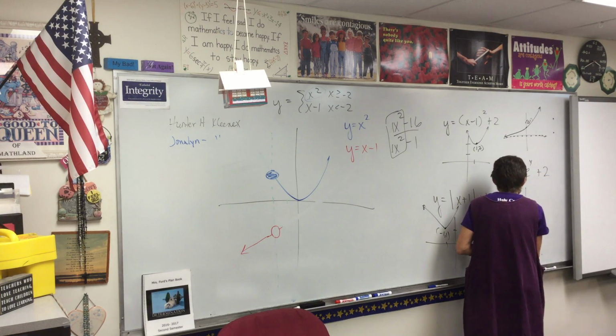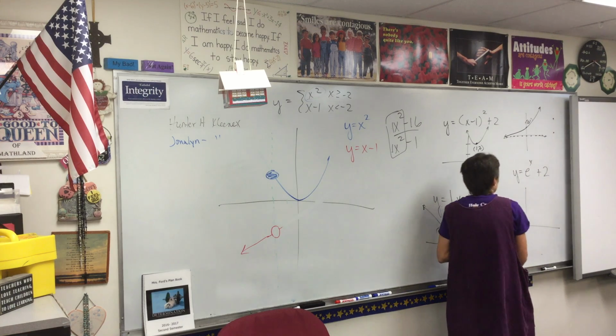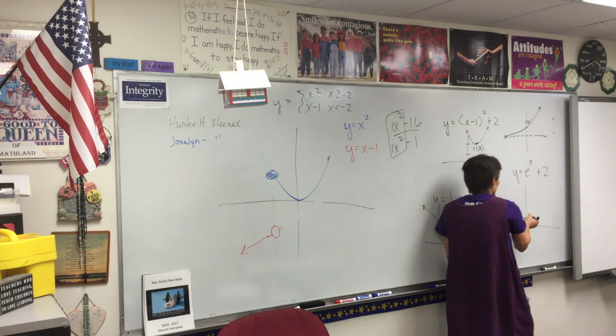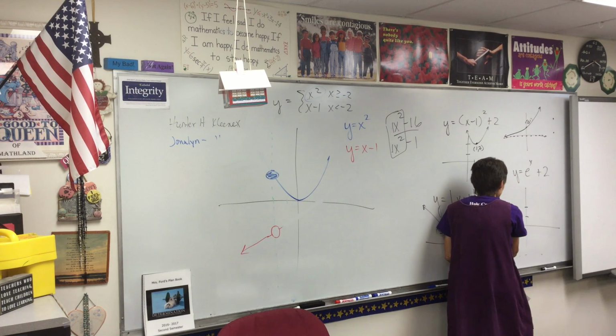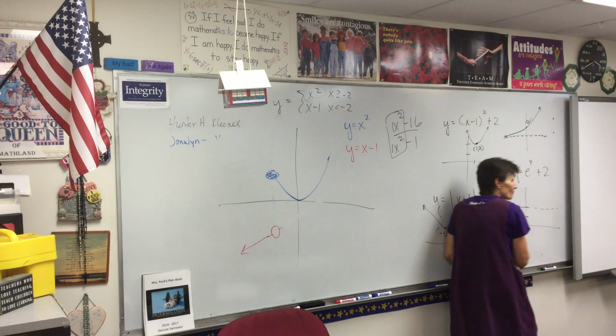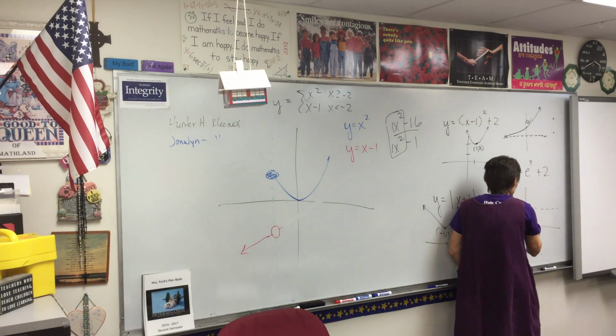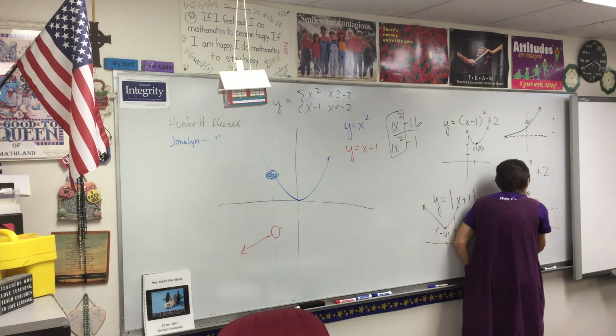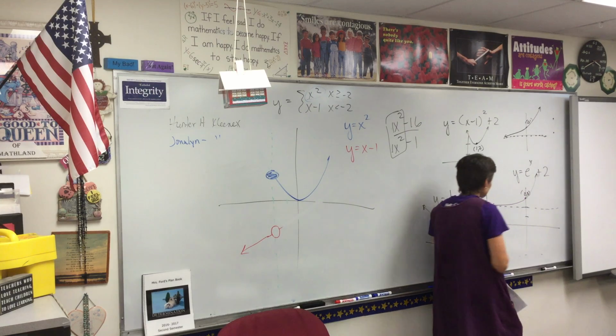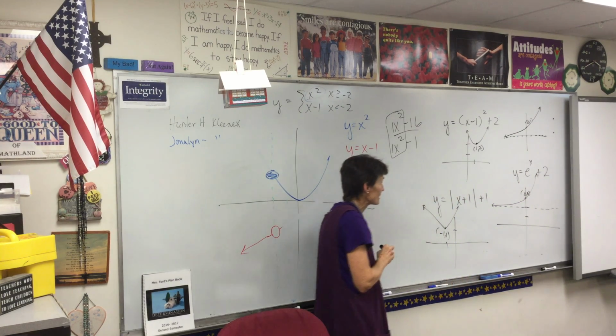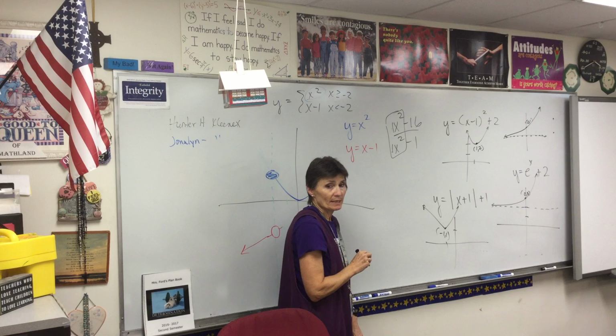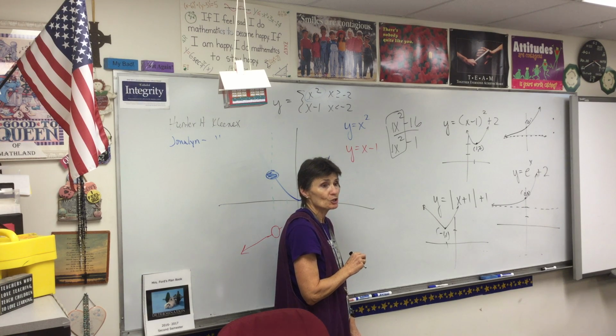Now what's happening to that picture? It's going up 2. So the asymptote that was right here is now going to be up here, right? And the point that was at (0, 1) is now going to be at (0, 3). So we have the exact same shape, the exact same picture, but it's been lifted up 2.